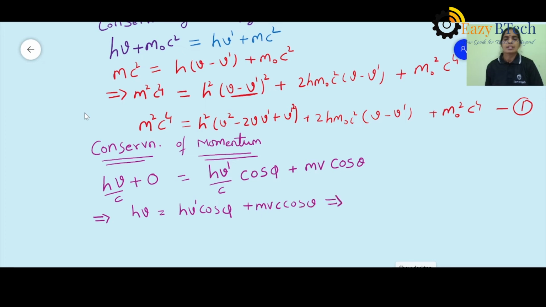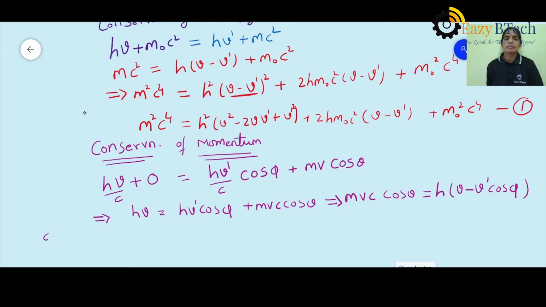The same equation is rewritten by taking h mu prime cos phi to the other side. My equation reduces to mvc cos theta equal to h into mu minus mu prime cos phi. Now square this equation.